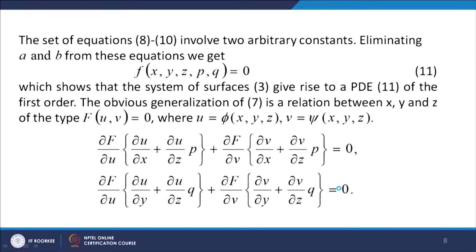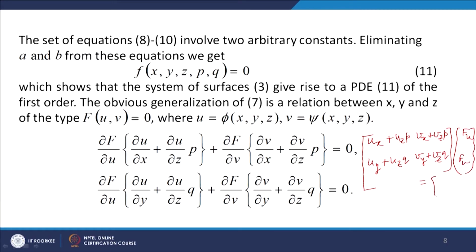Now, what we do is eliminate the arbitrary function f from here. You can see we can write this system of equations as: the partial derivative of u with respect to x, in short u_x, plus u_z into p, then u_y plus u_z into q, and then the second row v_x plus v_z into p, and then v_y plus v_z into q, multiplied by the column vector f_u and f_v, equal to 0.